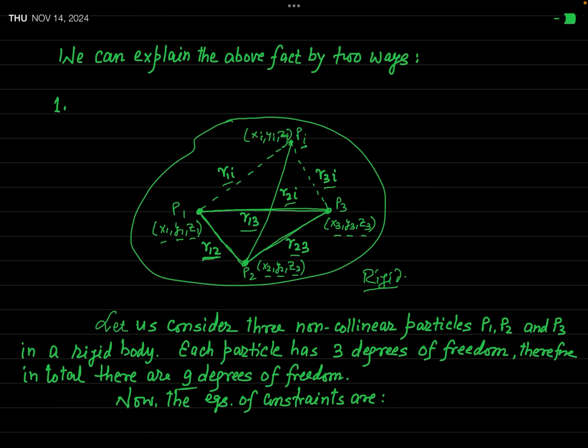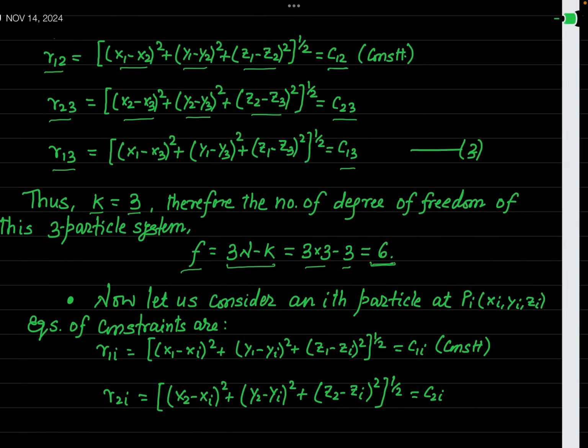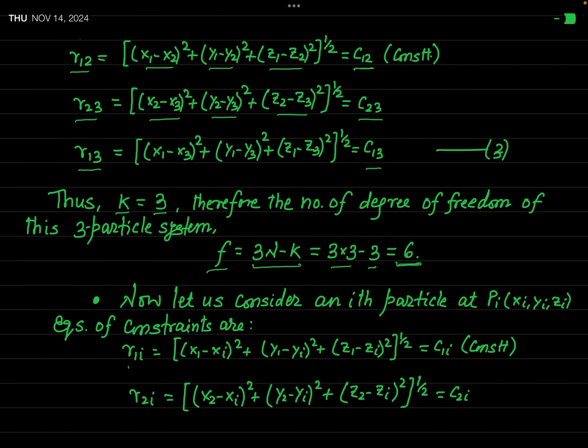And again, utilizing the distance formula, you can find this R1i, R2i and R3i. You can see R1i will be equal to the square root of (x1 minus xi) whole square plus (y1 minus yi) whole square plus (z1 minus zi) whole square, and that will be equal to a constant, because that fourth particle is also of the same rigid body.